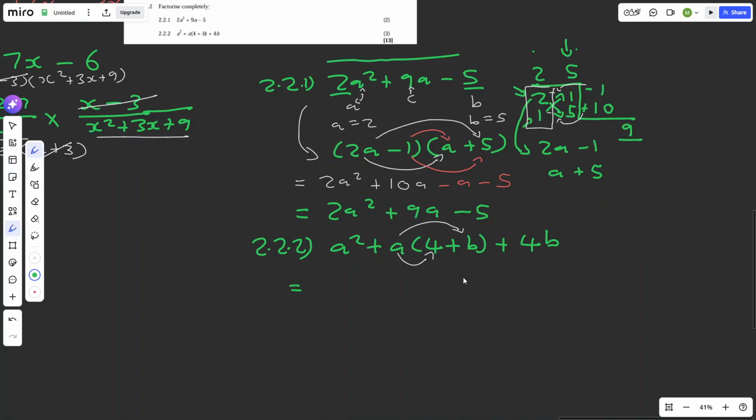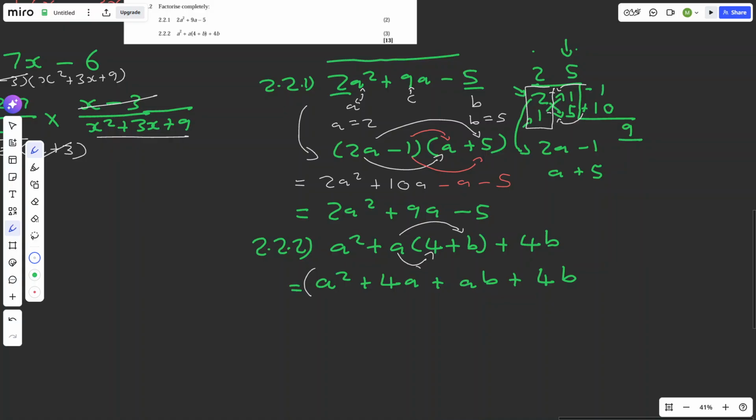So we'll have a squared plus 4a plus ab plus 4b. So now here what I'm going to do next is to just reorganize this, okay, to make it look a bit neater.